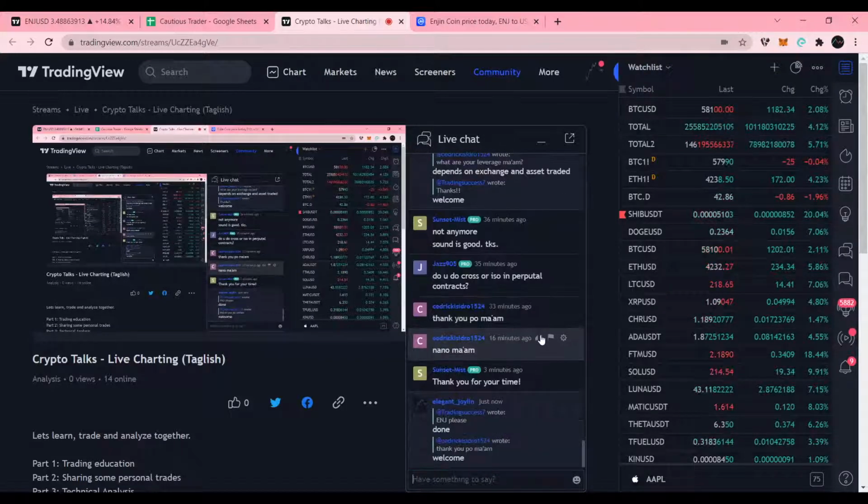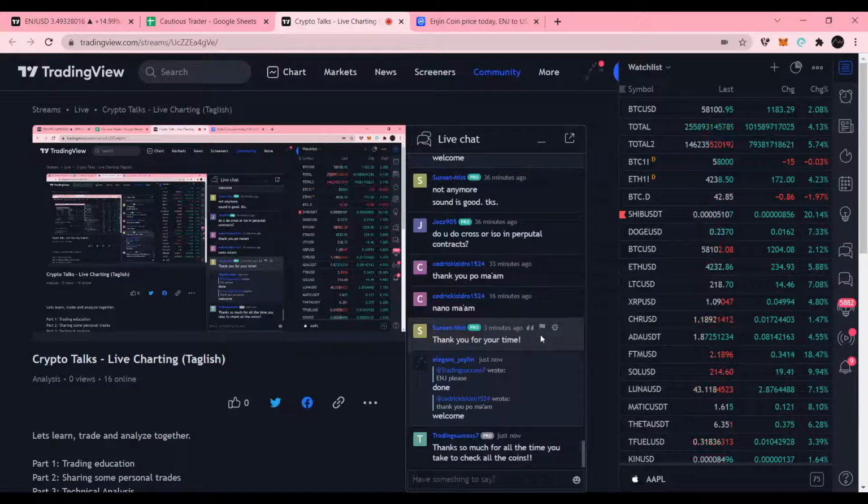Because when I was starting, I was actually using cross, and using cross sometimes will overwhelm me to open another contract and then another contract and then another contract until I ended up getting liquidated. But since I started using the isolated wallet, the gains, I started to use that to open sub accounts for other exchanges.